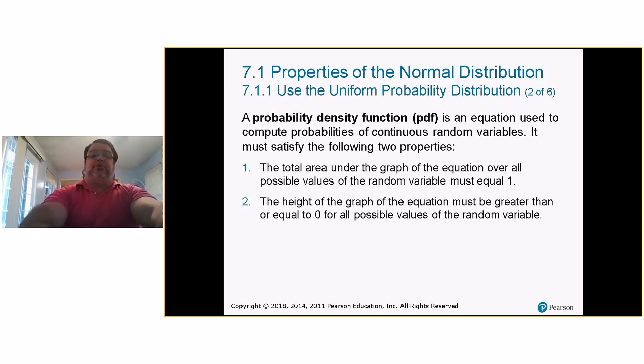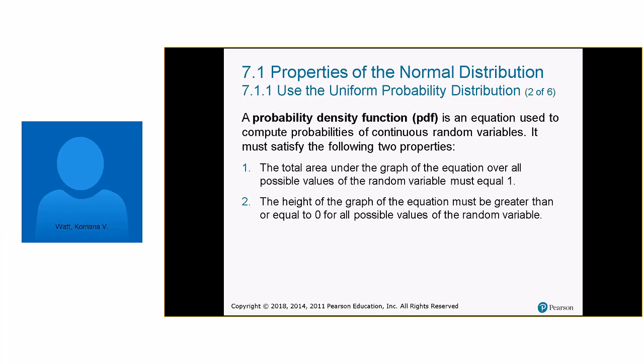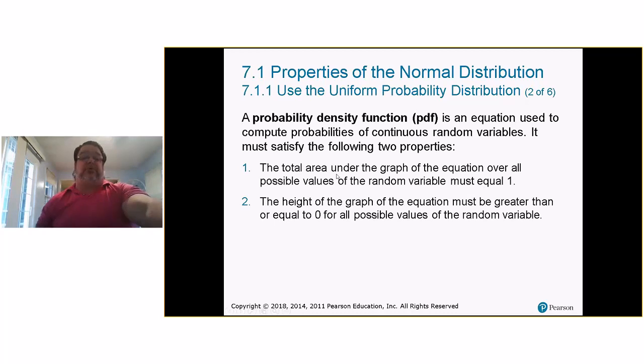Normal distribution slash PDF is an equation used to compute probabilities of a continuous random variable, blah, blah, blah, area under the curve. That's basically what you're finding. Total area under the graph, area under the curve. So all you need to write down is normal distribution PDF is area under the curve. Normal PDF is area under the curve.